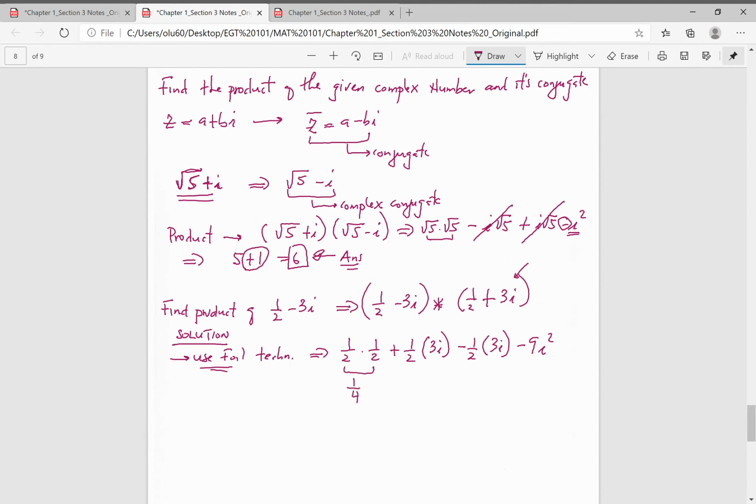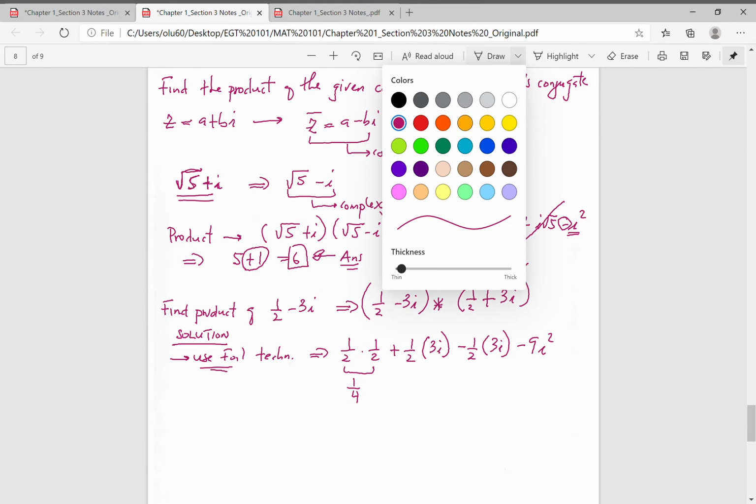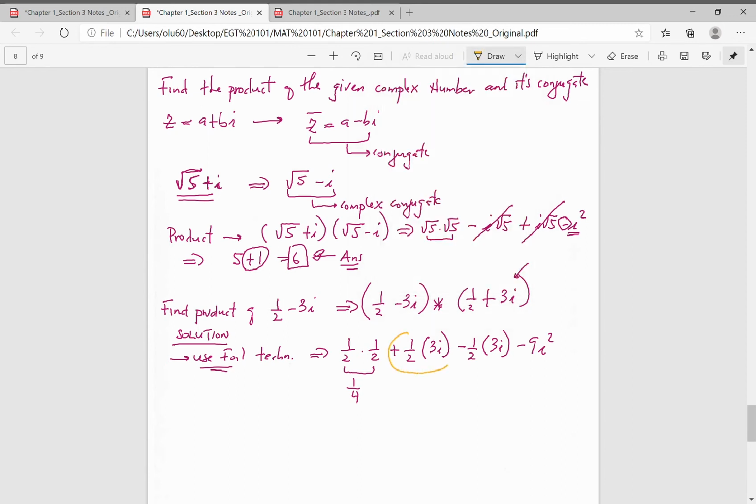And then since this is a positive 3i over 2, and this is a negative 3i over 2, they cancel each other out. Okay, just like saying 3 over 2 minus 3 over 2 is going to equal 0. So that makes it go to 0.